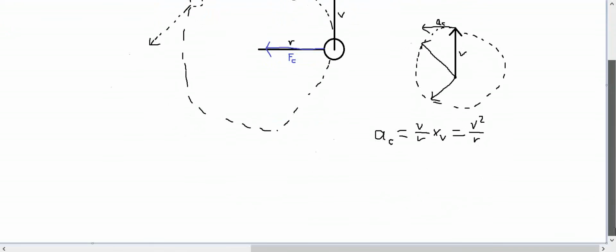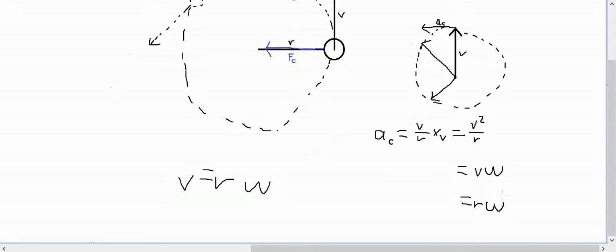Okay. We also know v equals r omega. So AC can also be represented as v omega or r omega squared.